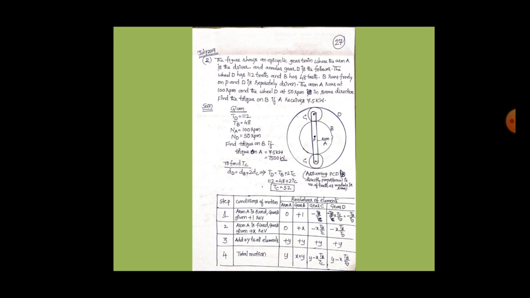So now, here how many wheels are there? There are 3 wheels. That is wheel B, generally we call it a sun wheel, and planet wheels.